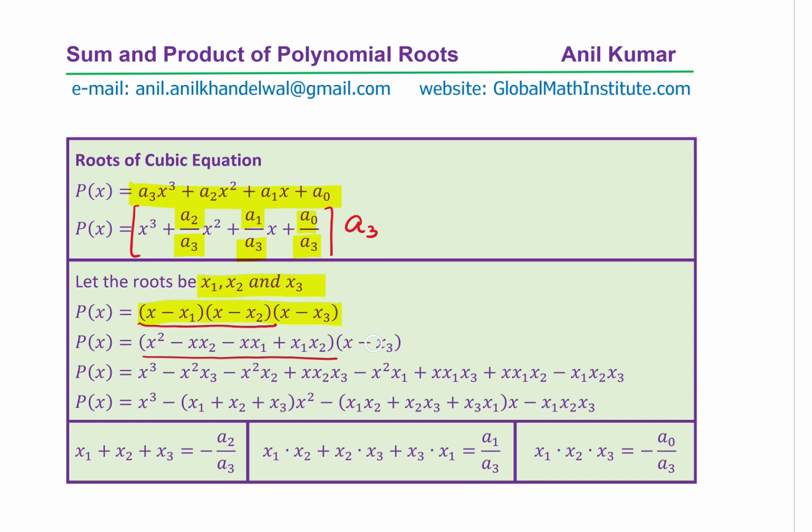So for each, you get one term. Multiplying x squared with x, you get x cubed, right? Multiplying x squared by minus x3, you get minus x squared x3. Similarly, multiplying with minus x1 x, you get minus.